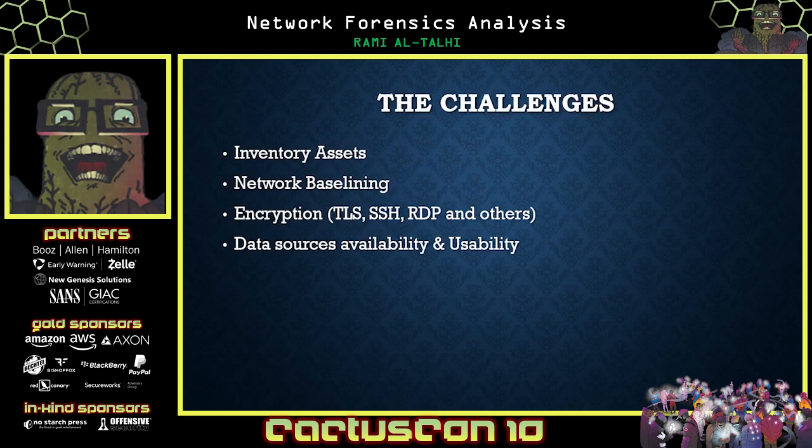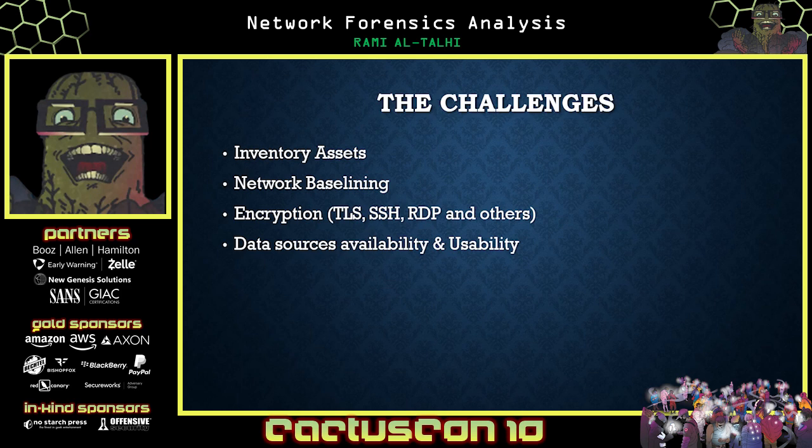We'll be discussing a couple of challenges that might limit the ability to investigate the network traffic. The first one is inventory assets. Before collecting the packet capture, we need to have a list of inventory assets. If we don't know, for example, where the critical services or servers are that we are aiming to get the packet capture from, we will not be able to collect, acquire or even monitor it.